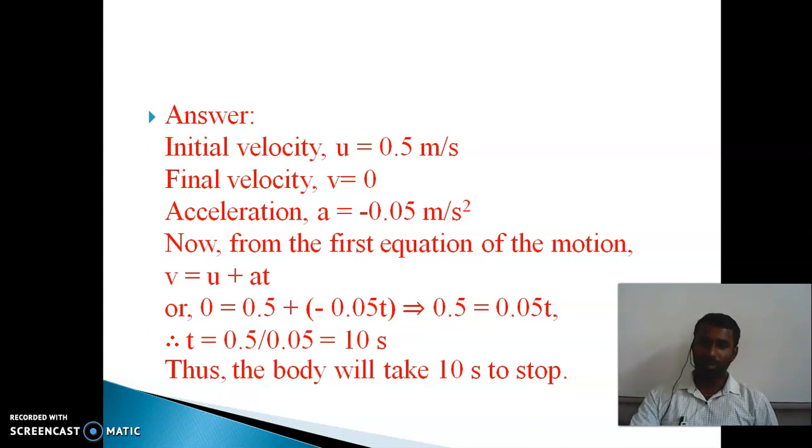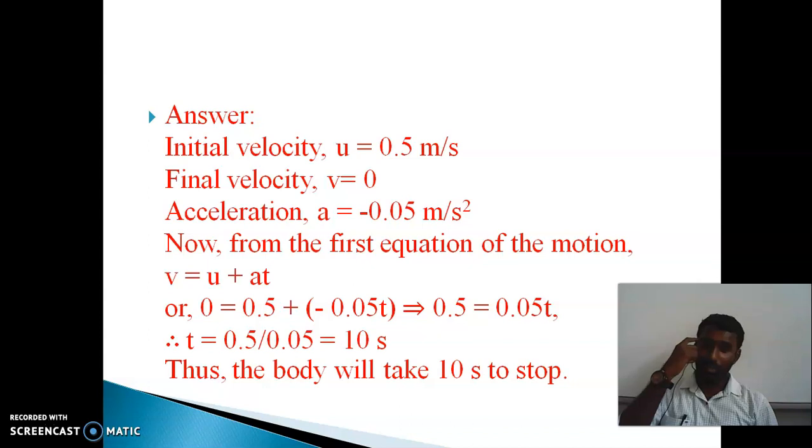Now from the first equation of motion, v equal to u plus at, as you already know, v means final velocity, u means initial velocity, a means acceleration, t means time. Here the final velocity is 0, the initial velocity is 0.5, and a is minus 0.05, and we have to find t.